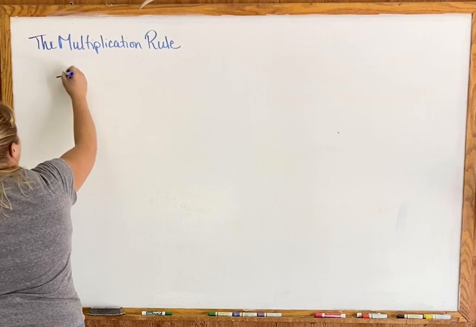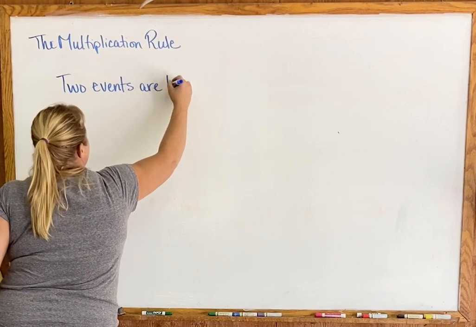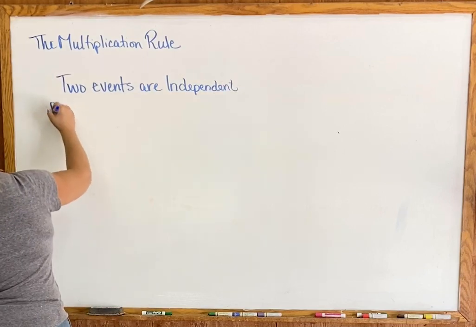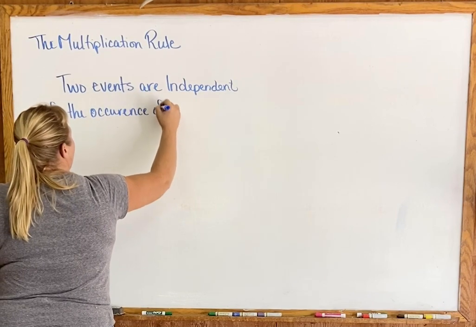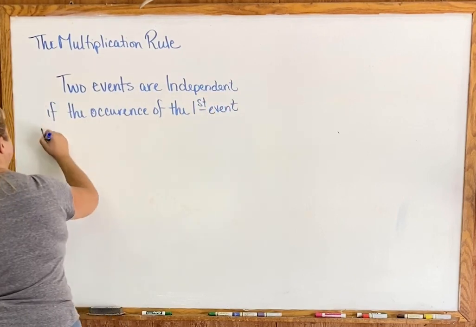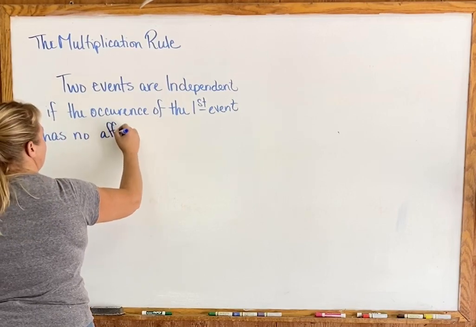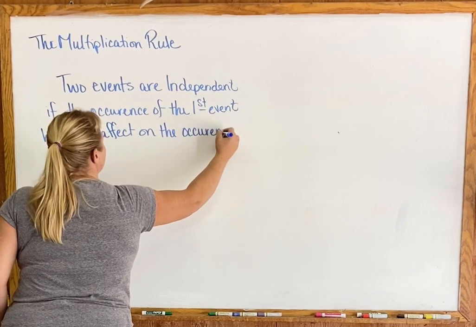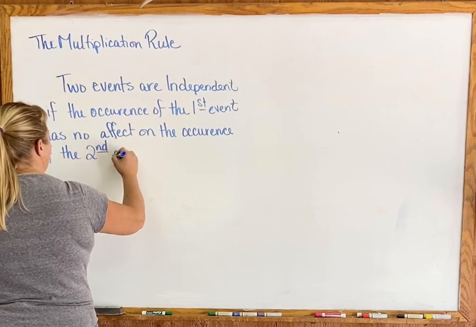And this says, two events are independent if the occurrence of the first event has no effect on the occurrence of the second event.